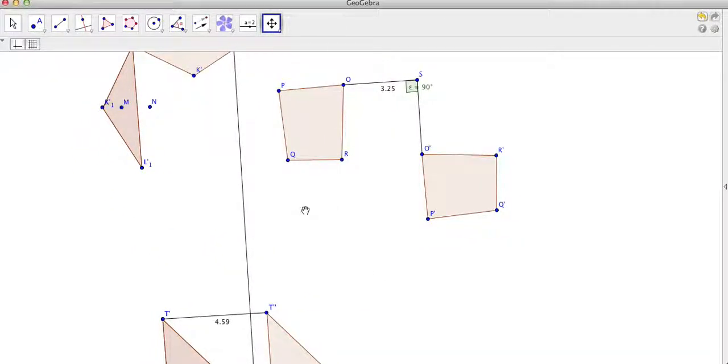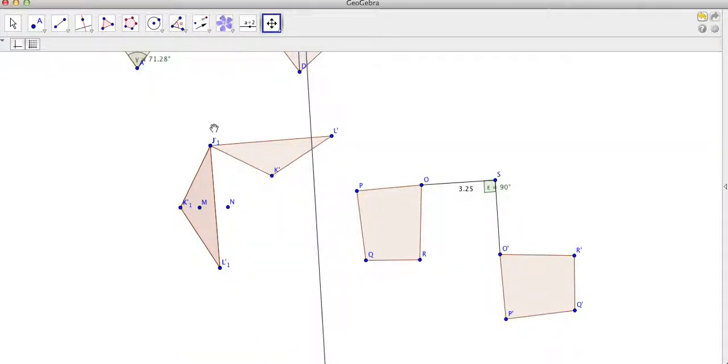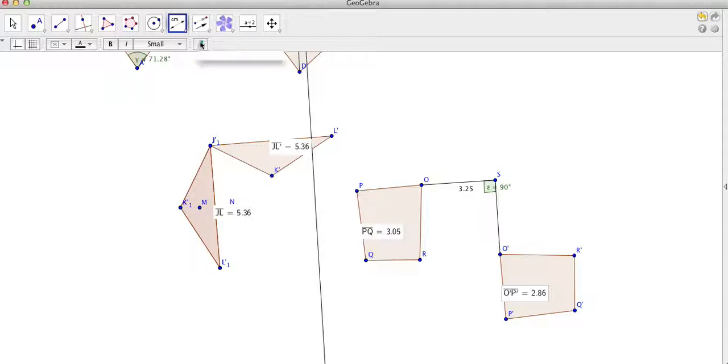We can pick any shapes out of all these, and all the side lengths would be the same as the original. In other words, the original shape's image is congruent to the original shape. For example, these distances are the same, as well as these.